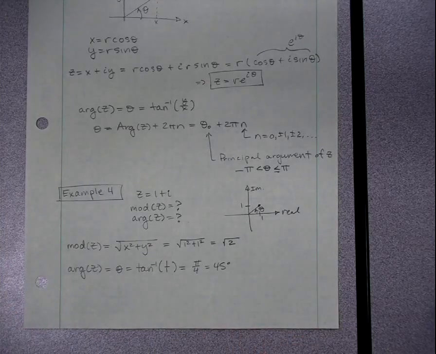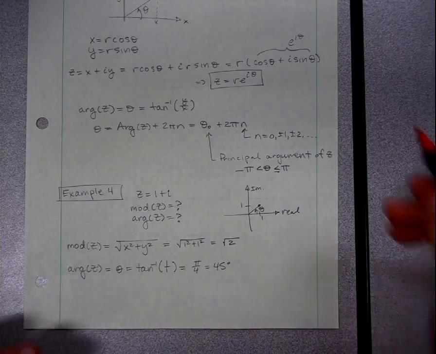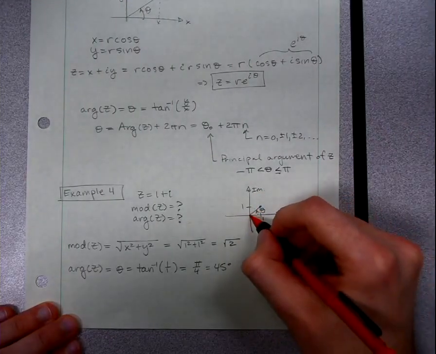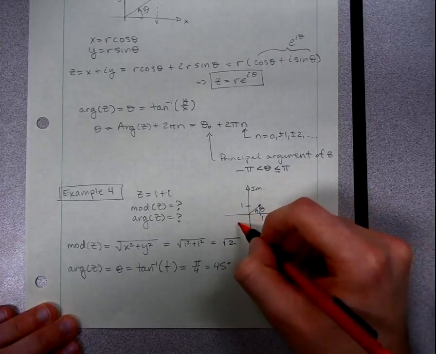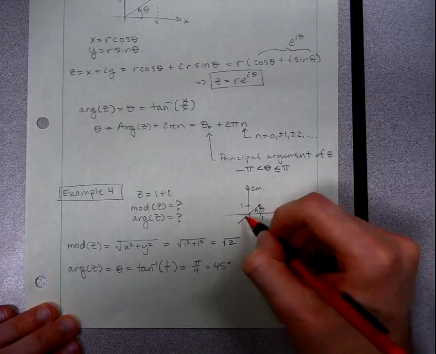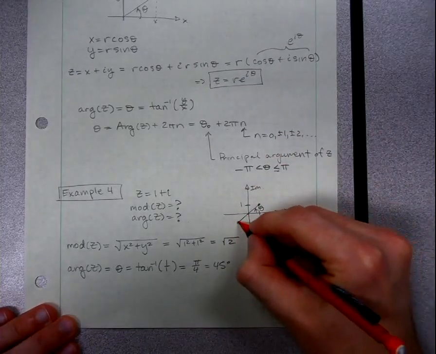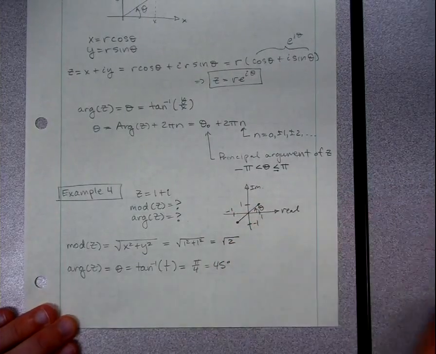So this was really simple, but it can get a little bit tricky, and I'm going to show you how. What if it wasn't coordinates 1, 1, but coordinates negative 1, negative 1? So instead, this was our point at negative 1, negative 1.